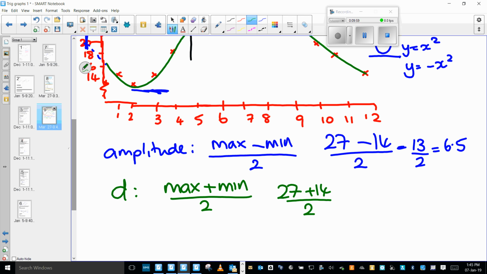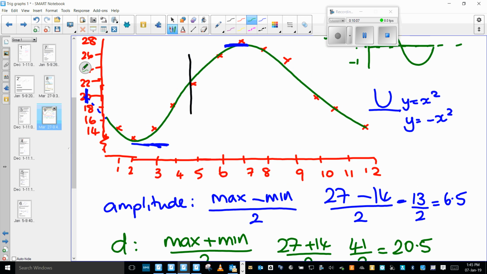So that's 41 divided by 2, which is 20.5, which is what you guys were telling me. It was around this area here. But the nice thing is, you can see roughly where it should be. So if you have some crazy number here, you'd go, oh, hang on, I've done something wrong. Perhaps you subtracted when you should have added. But you have an idea of where it should be.